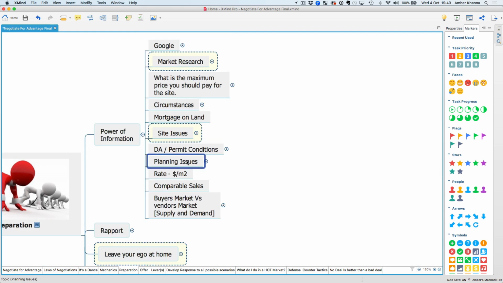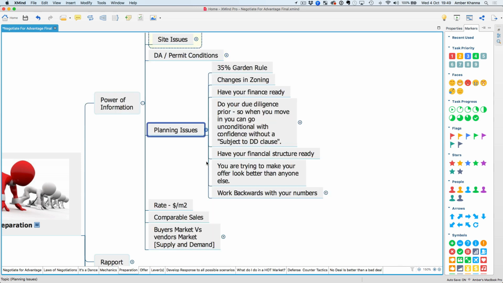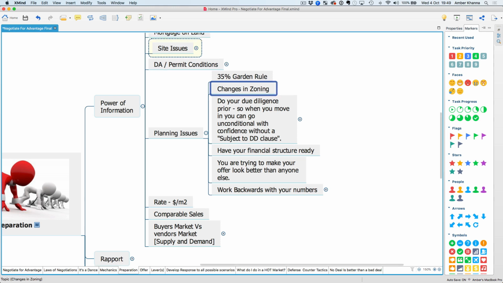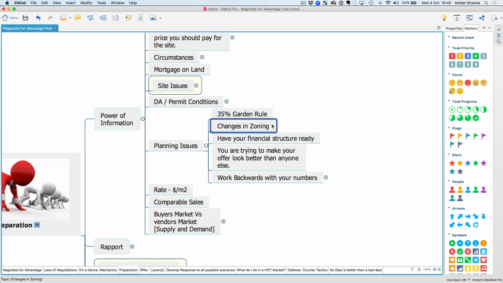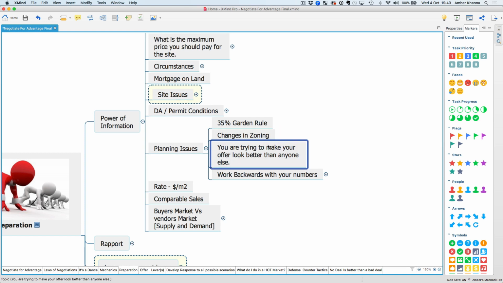He wanted 1.2 million and it had a permit for 4 units, but 2 of them were 2-bedders and 2 of them were 3-bedders. What he was trying to do was push 3 3-bedders and 1 2-bedder for that price. And we walked away from it. Then somebody else signed the contract, and the contract fell over as soon as they found out. So those are the things that you've got to be careful of.